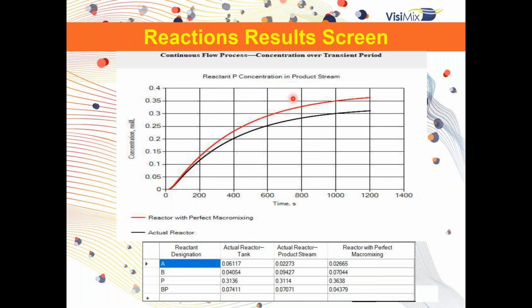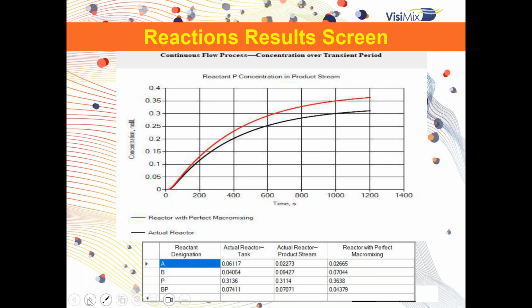This is one of the results. The second result will be, for every material, the concentration outside, and the concentration if we consider a perfect macro mixing reactor. It is not a well-mixed definition, but it is as well mixed as possible in real life.